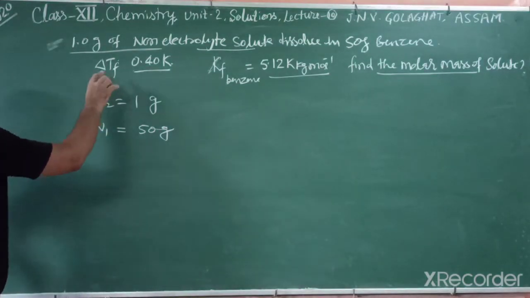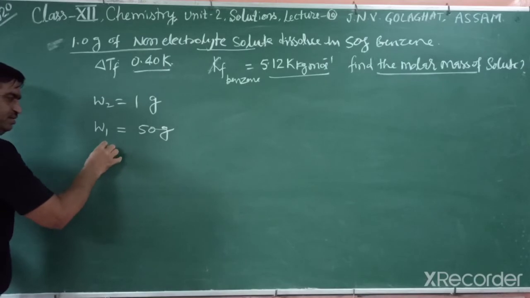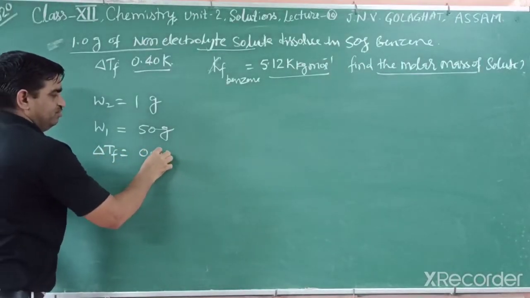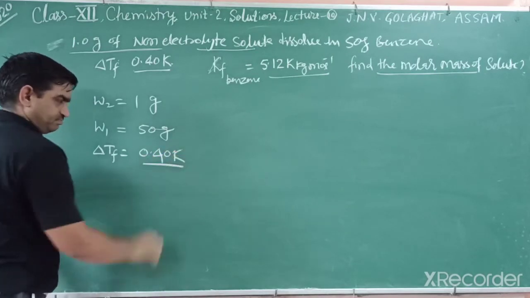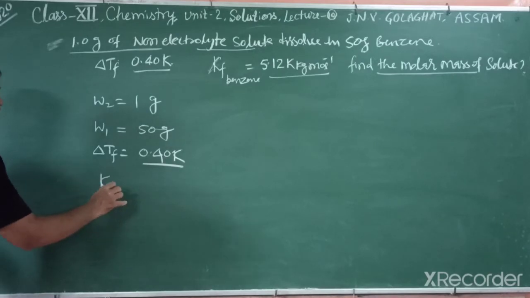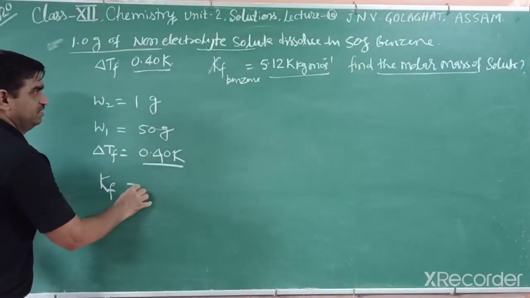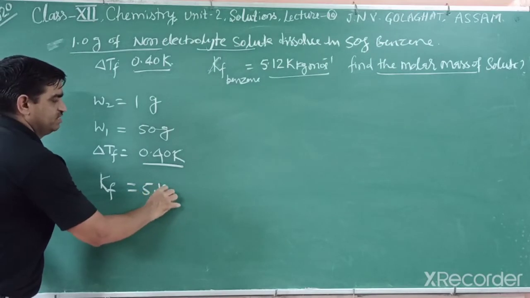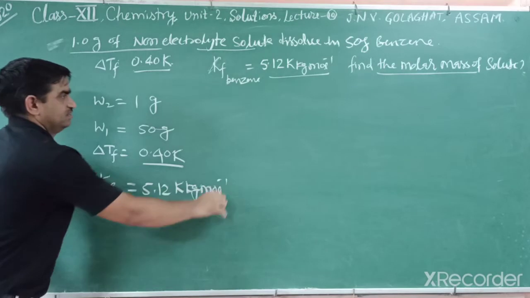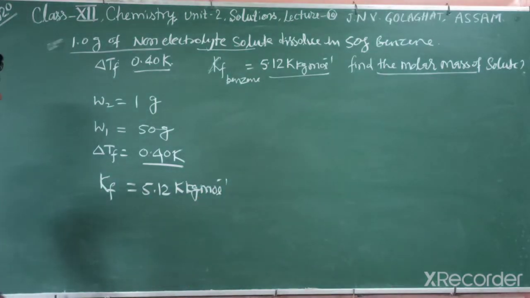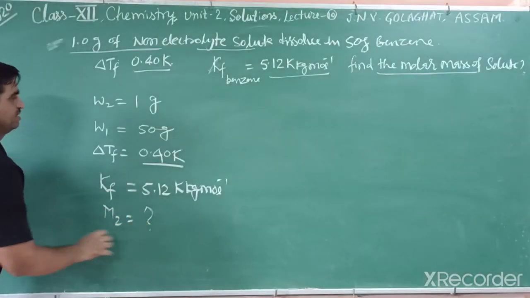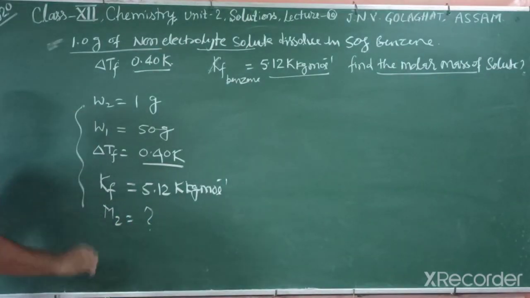Delta Tf, the lowering in freezing point, is given as 0.40 Kelvin, and Kf, the molal freezing point depression constant of benzene, is given as 5.12 Kelvin kilogram mole inverse. What we have to find out is the molar mass of the solute, M2. So these are the given data.